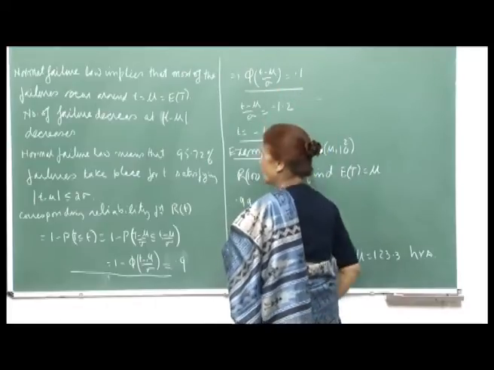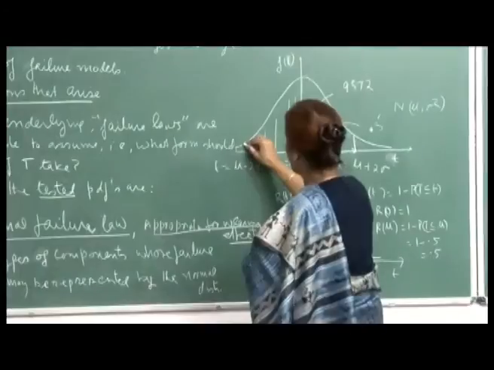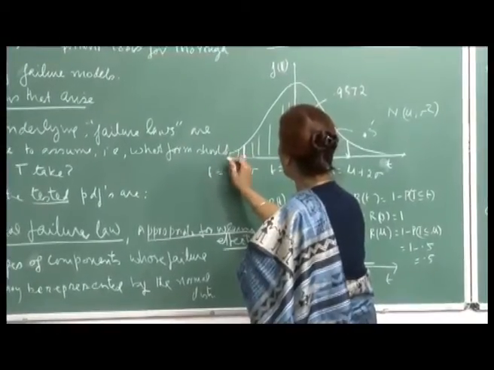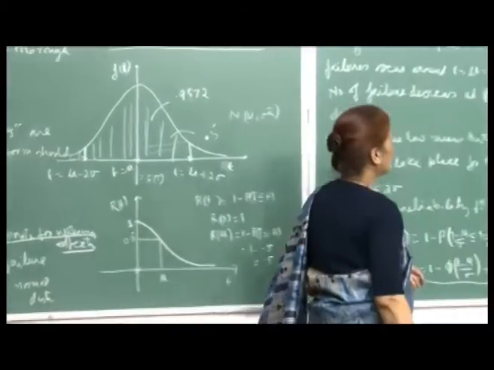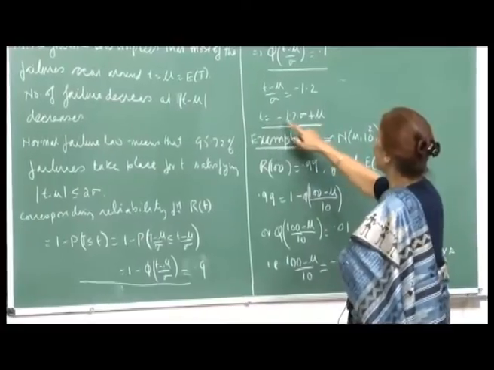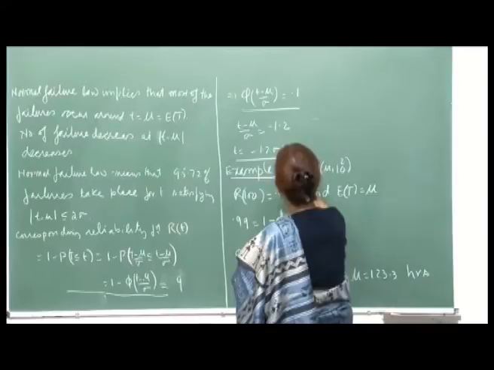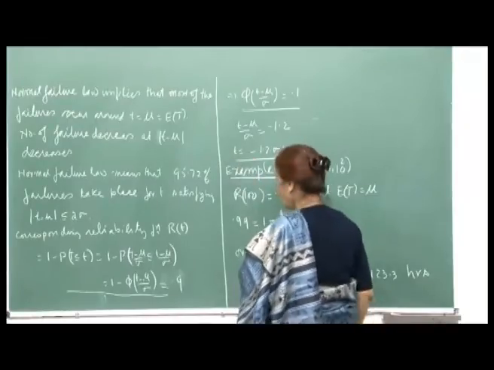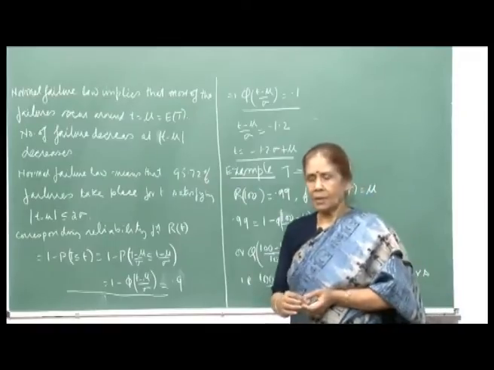It will be somewhere here for the standard normal, because you want only area 0.1 up to this point. So, it will be very small. Right. So, this is minus 1.2, and so t comes out to be minus 1.2 times sigma plus mu. So, that much removed from mu your value of t is, if you want reliability of the order of 0.9. Okay.